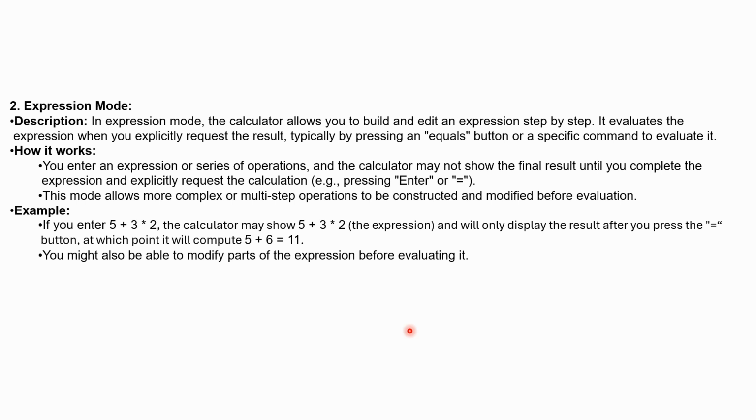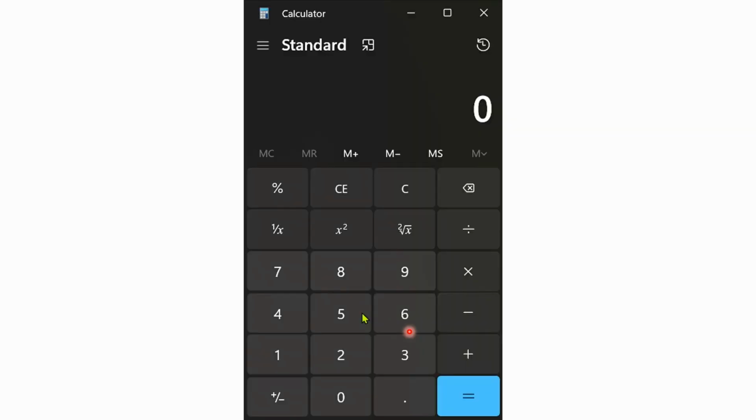And you might even be able to modify parts of the expression before you hit the equals key. A lot of calculators will allow you to edit. And I can show you a quick example of that. It's very confusing on a Windows computer. This is a Windows 10 machine. This also applies to Windows 7 and other earlier versions.